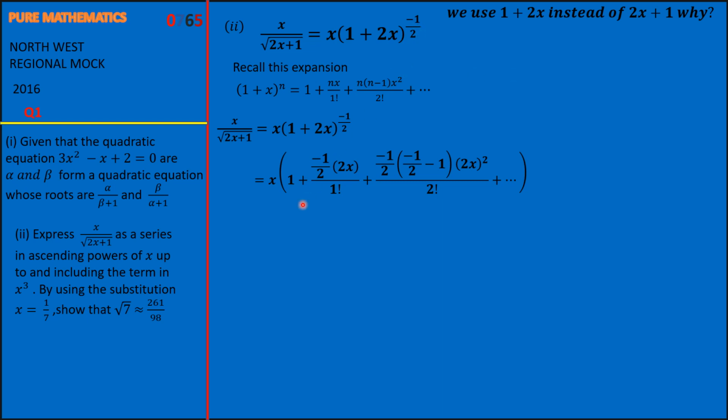So doing that, I have the first term, which you can see n is negative a half, and then my x has been replaced with negative 2x, as you can see clearly. Divide by 1 factorial. You do the same thing here, and when you simplify, this one will give what? 2 cancels 2, you are left with negative x divided by 1 factorial. 1 factorial is 1, so you'll be having x into 1 minus x.